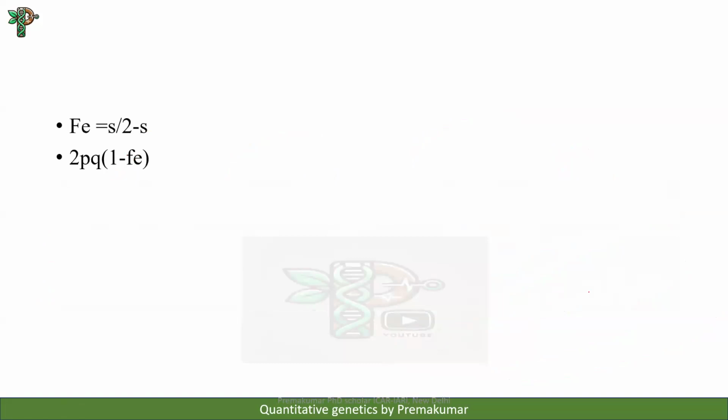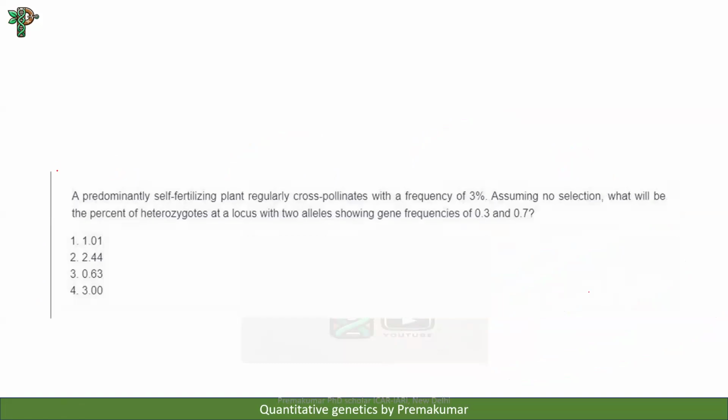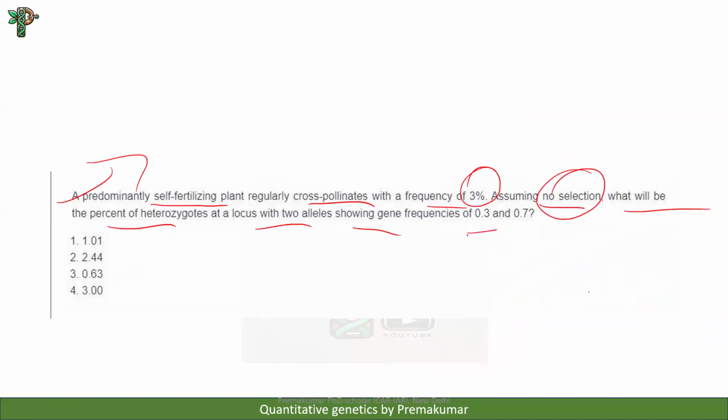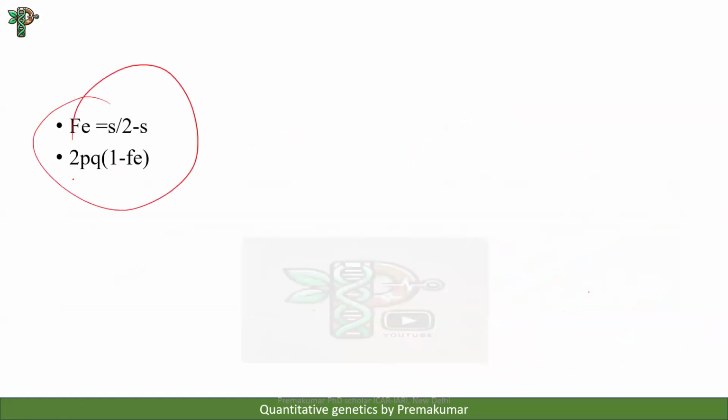Then, for example, if a predominantly self-fertilizing plant is regularly cross-pollinated with a frequency of 3%, assuming no selection, what will be the percent of heterozygotes at a locus with two alleles showing gene frequencies 0.3 and 0.1? You just substitute into 2pq into 1 minus Fe.